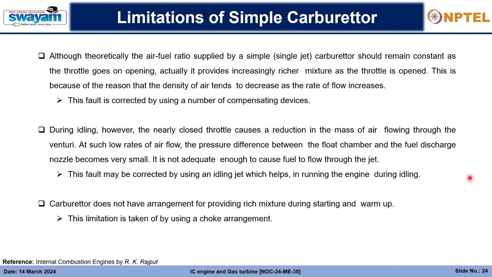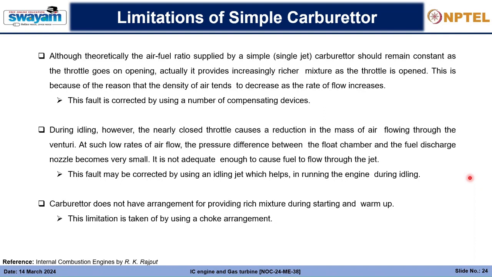This is because the density of air tends to decrease as the rate of flow increases. So that is a fault, and it is corrected by a number of compensating devices, and we'll learn about that next.